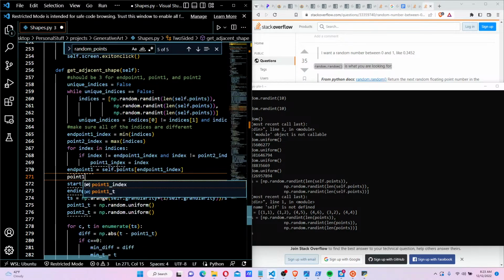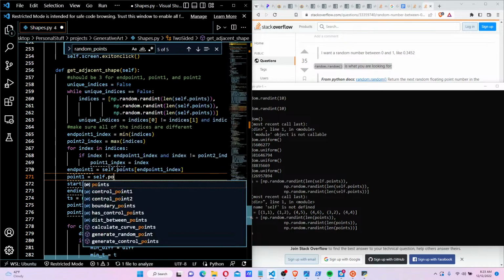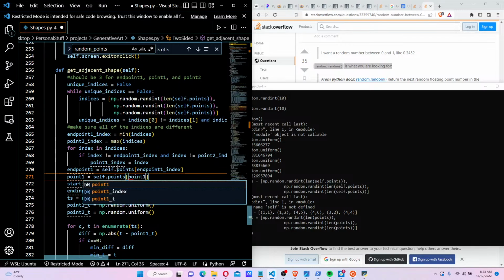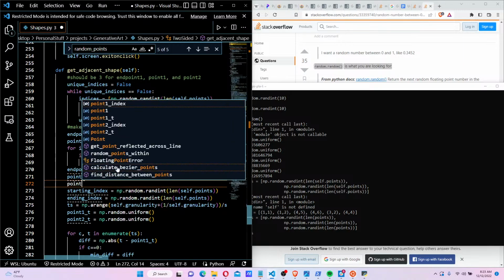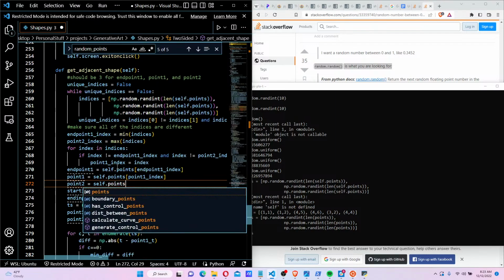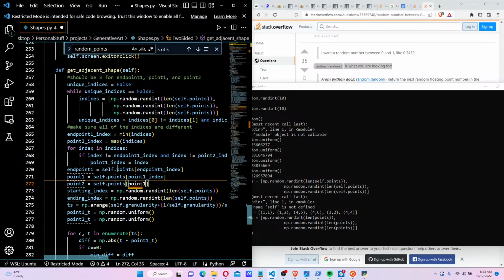Alright, point 1 is equal to self.points of point 1 index, and point 2 is equal to self.points of point 2 index. Okay. So point 1 is equal to self.points of point 2 index. So I have the 3 points.